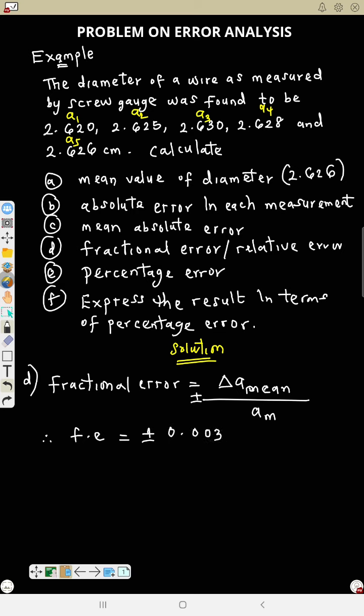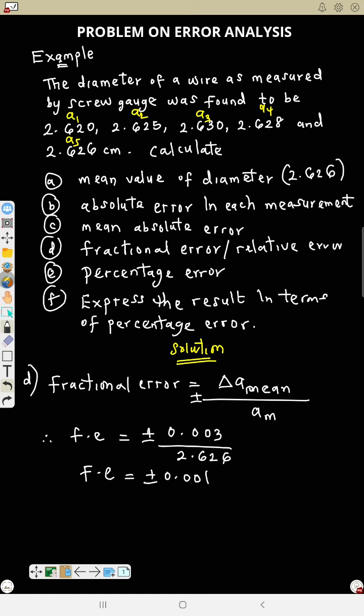0.003 divided by the mean value 2.626. You can check. So the fractional error now is, you can press your calculator, plus or minus 0.001.